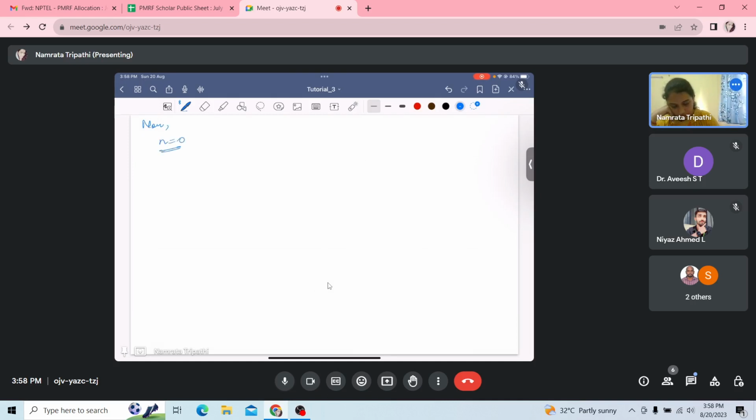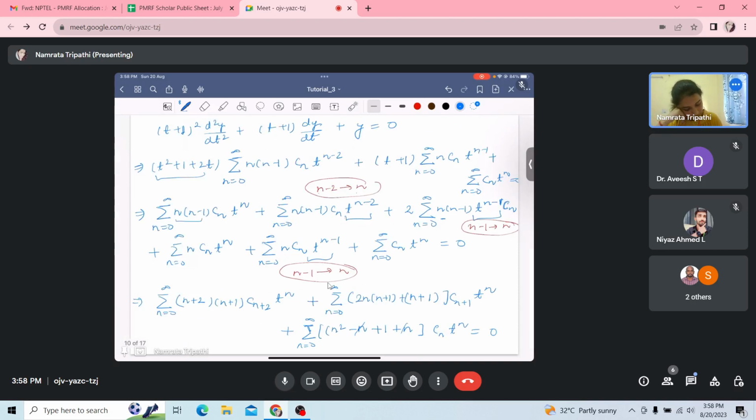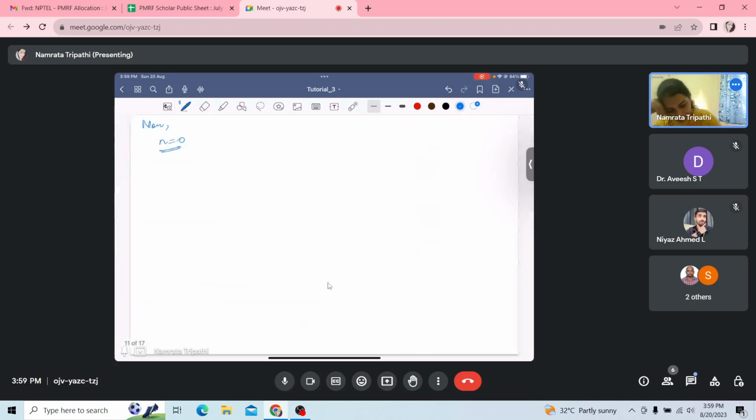For n is equals to 0, put n is equals to 0. Here, after putting n as 0, you will get C2. Here, this term will be 0, and this term from here we will get, from here we also get one term. After putting 0, we will get C1, and after putting n is equals to 0, we will get C1. So I am going to write C2. You can check, and after putting n is equals to 1, you can check, we will get.